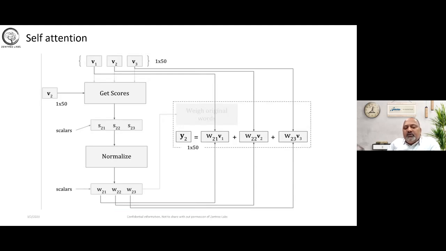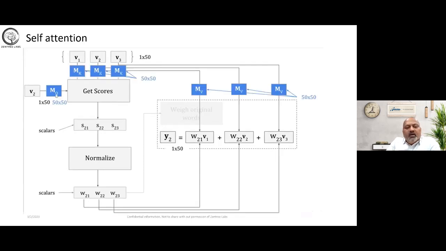These scalars are produced, and they are normalized by using the softmax, and then I'll have the weights. These weights are used to linearly combine the input words to produce the contextual representative Y2, given a word V2.